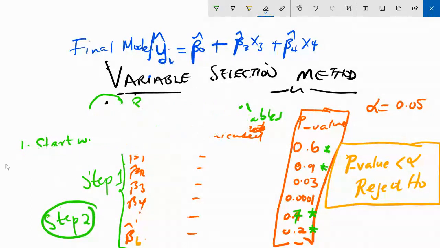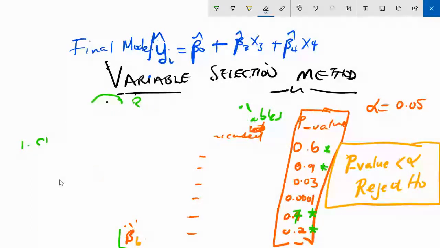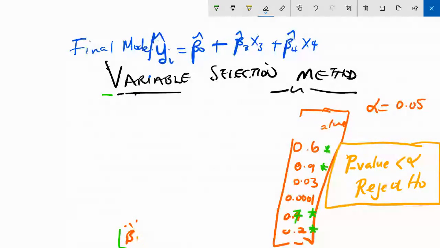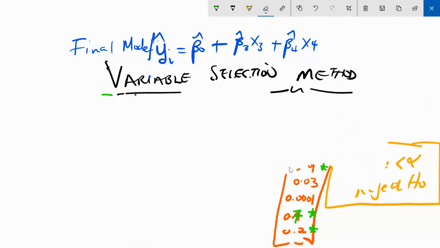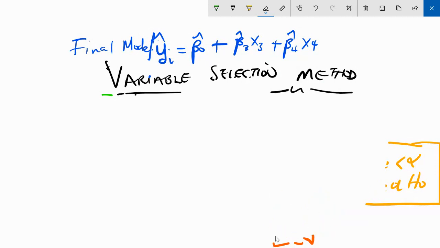So now, let me bring in the forward elimination method. The backward elimination method is the opposite. Forward elimination method, another method that can be used. How does it work?